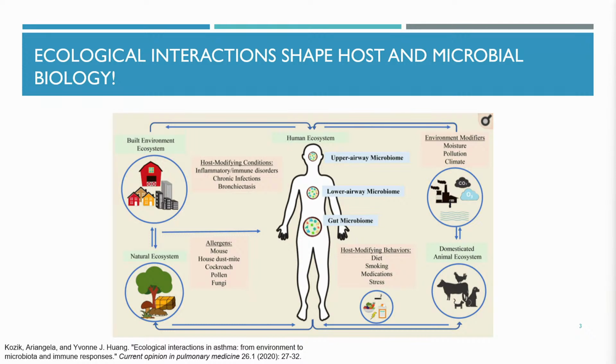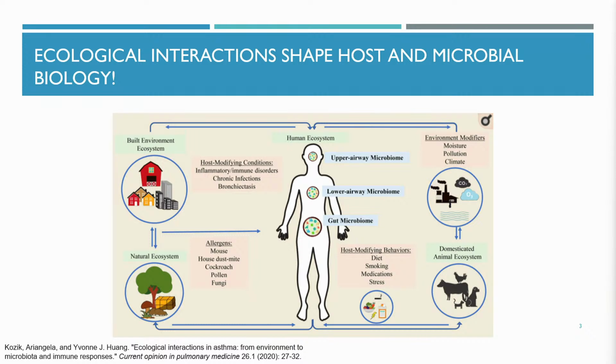Here we have the upper airway microbiome, that's its own ecosystem, and then we have the lower airway microbiome, which is separate from the upper airway microbiome. Different microbes can grow in different parts of the airway, and the same goes for the gut microbiome. We have our skin microbiome, we have just so many different microbiomes, and all of this is its own ecosystem and exists within this whole world that we live in that is its own ecosystem as well.